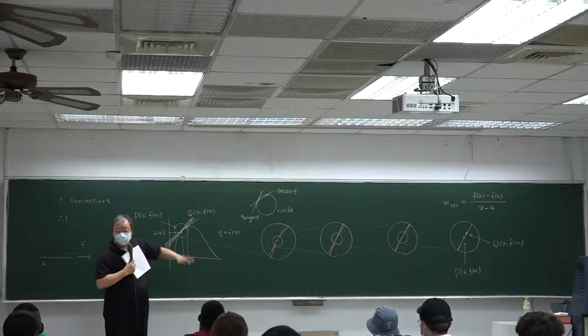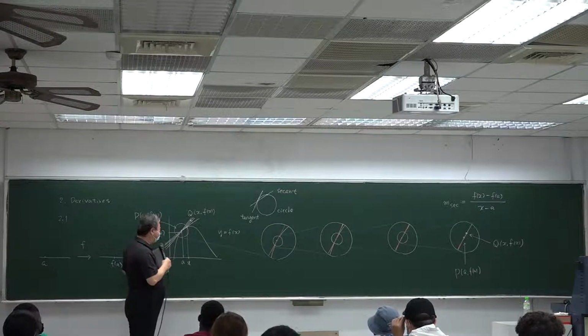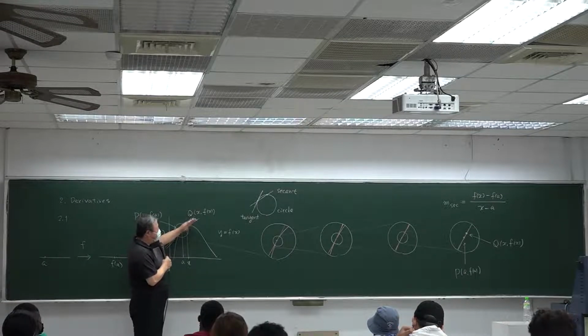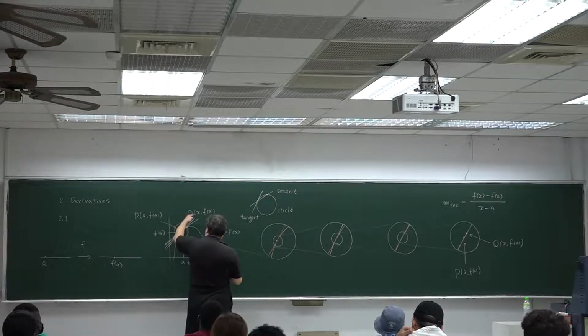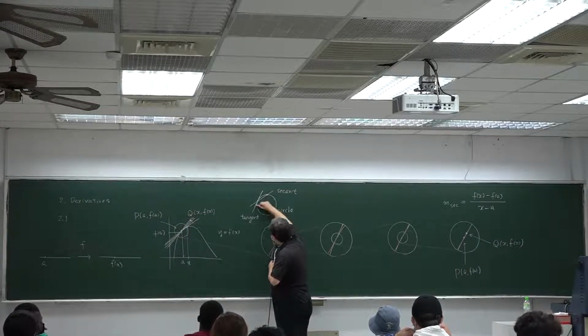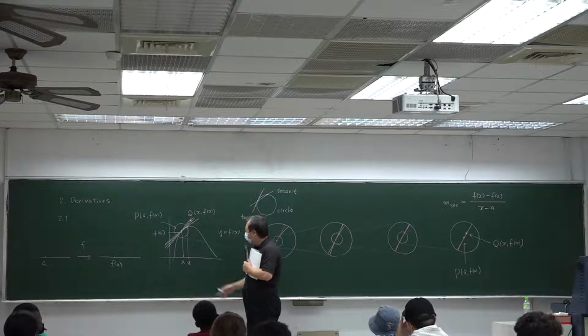Okay. So try to imagine: come close to a, moving toward this position, then this secant's limiting position is quite similar to this tangent. If the curve is smooth, it means locally linear.